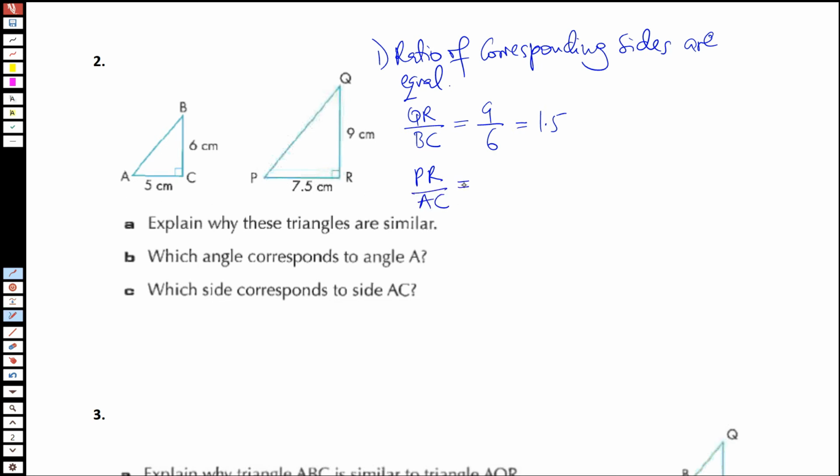Now notice that PR is 7.5 and AC is 5, and this will be equal to 1.5, and you can see that this is equal.